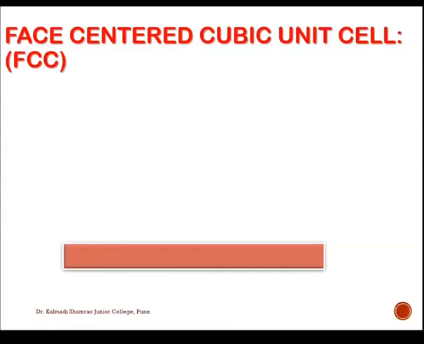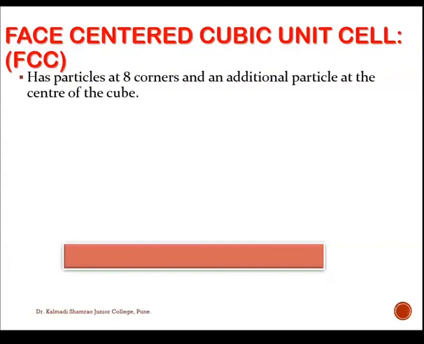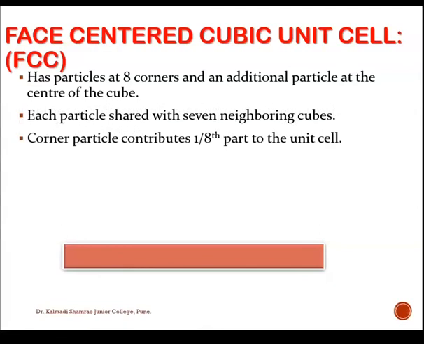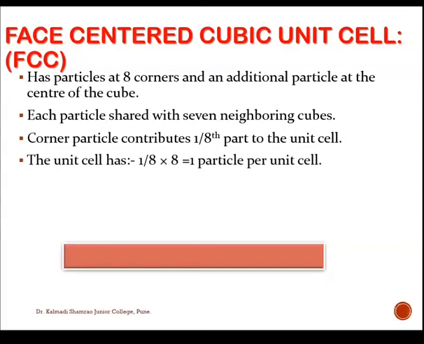Next is face-centered cubic unit cell. It has particles at 8 corners and 1 particle each at the center of its 6 faces. Each corner particle is shared with the 7 neighboring cubes, so it contributes 1/8 part to the unit cell. The unit cell has 1/8 into 8 is equal to 1 particle per unit cell from the corners.